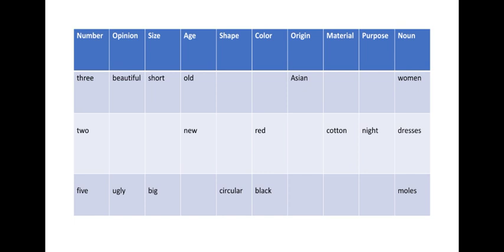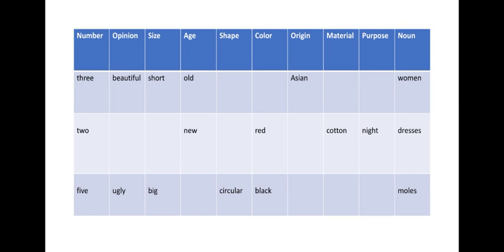Next, we have beautiful, which is in the row of opinion. Next one, short for size. Next, old for age. Next, we have Asian for origin. And the last one stands for the noun.